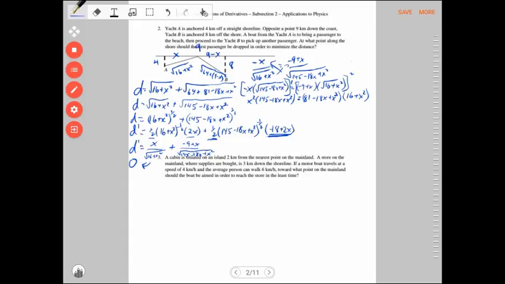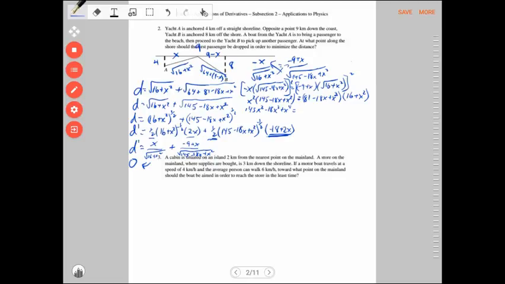Now we have some distributive law to do. That's going to be 145x squared minus 18x cubed plus x to the fourth.